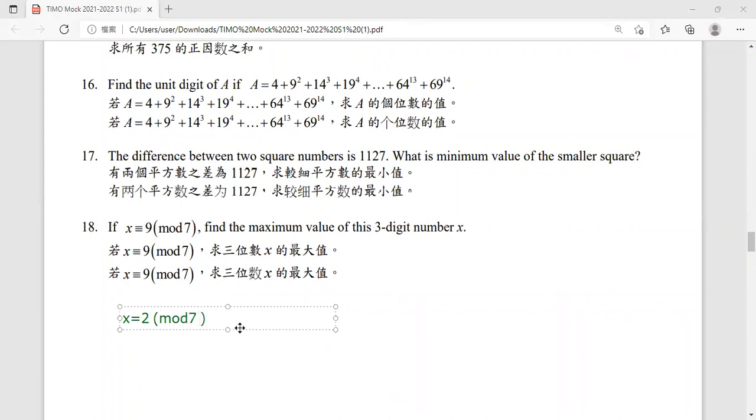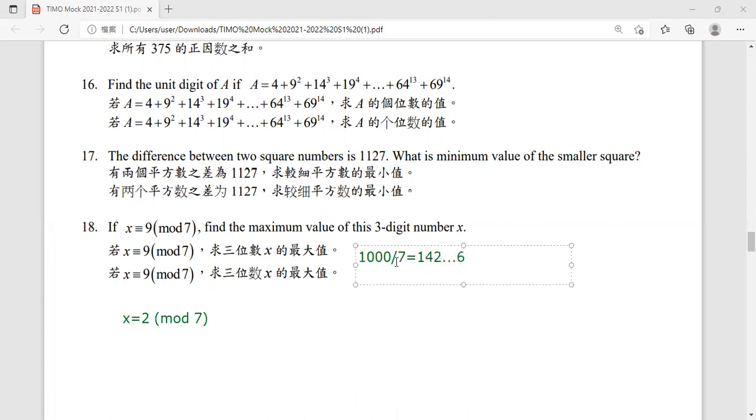So what can I do here? You just divide 1000 by 7, which equals 142 remainder 6.